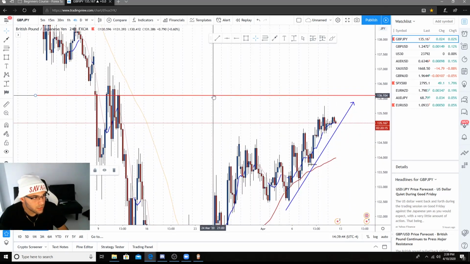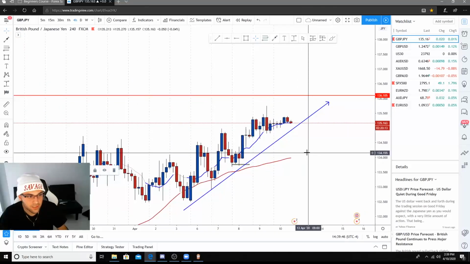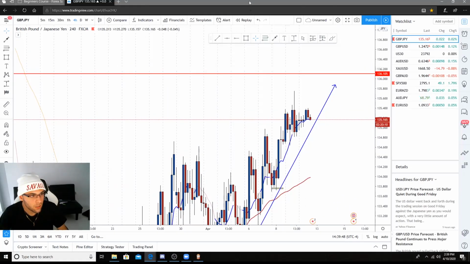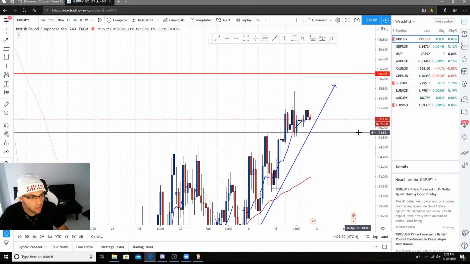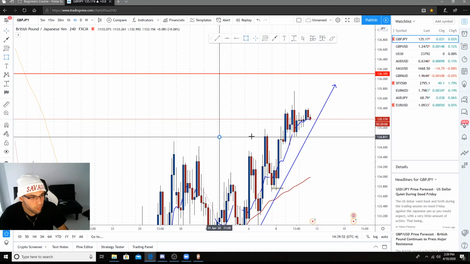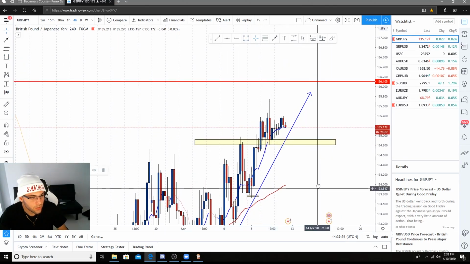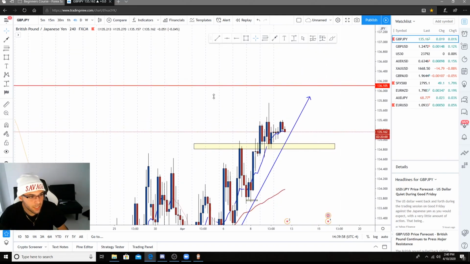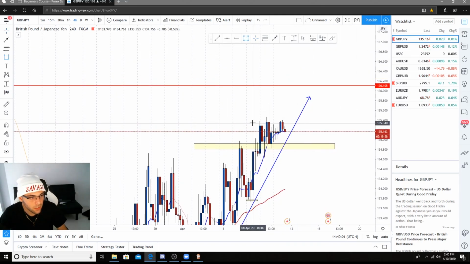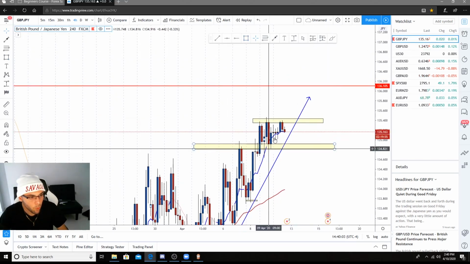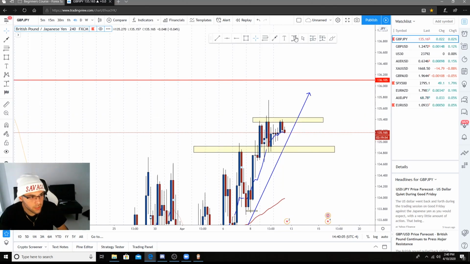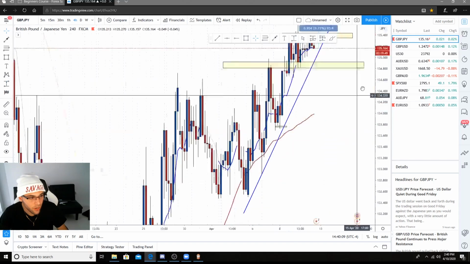So we can definitely assume that this level, which was once resistance, broken through and retested as support, if price breaks above here and pulls back, we are most likely to touch the next resistance, which is 95.